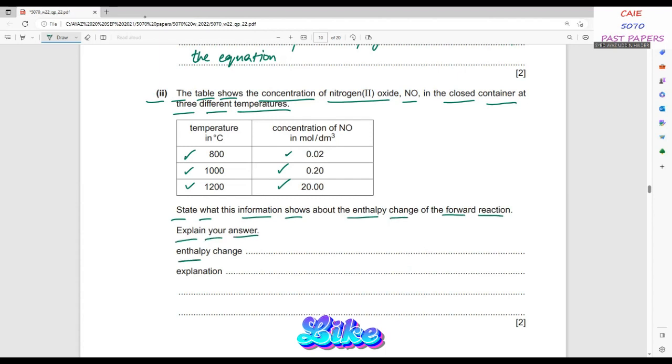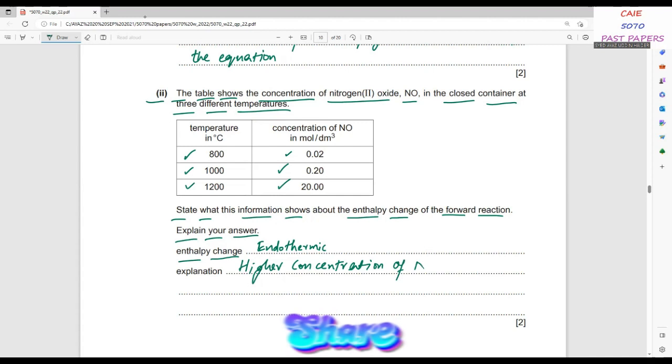Explain your answer. Enthalpy change, endothermic. So the explanation will be higher concentration of NO at high temperature.